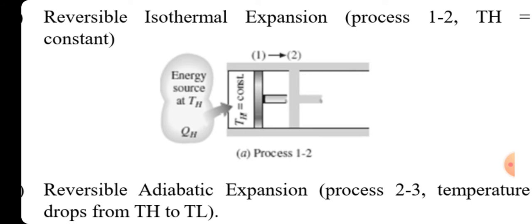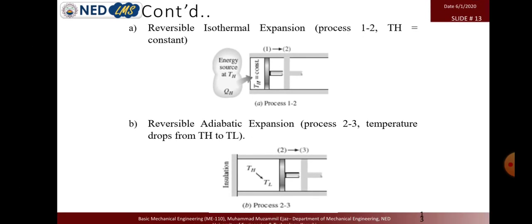Whatever heat is provided to the system is converted into work without increasing the temperature. So the temperature will be constant, and giving heat will produce work. That is isothermal expansion. The gas is expanding, so it is an isothermal expansion process.